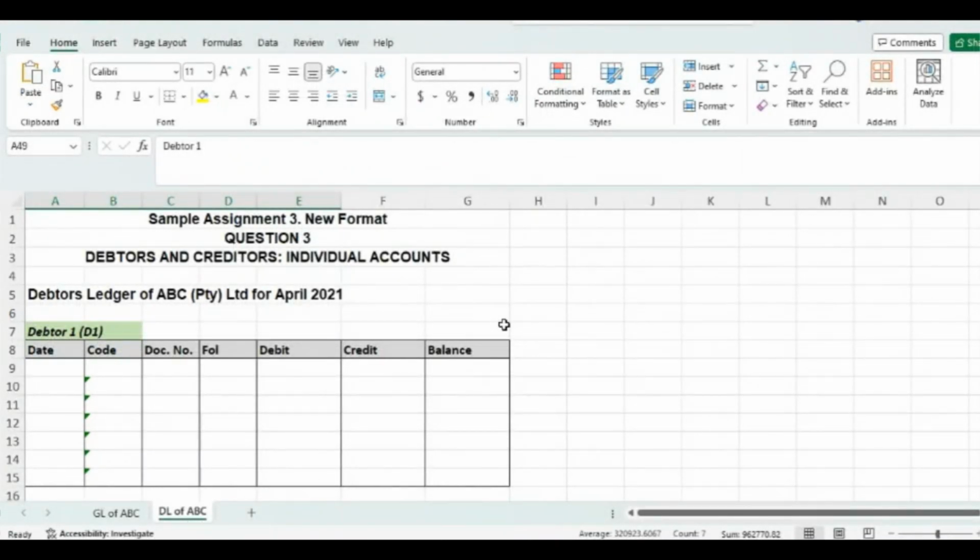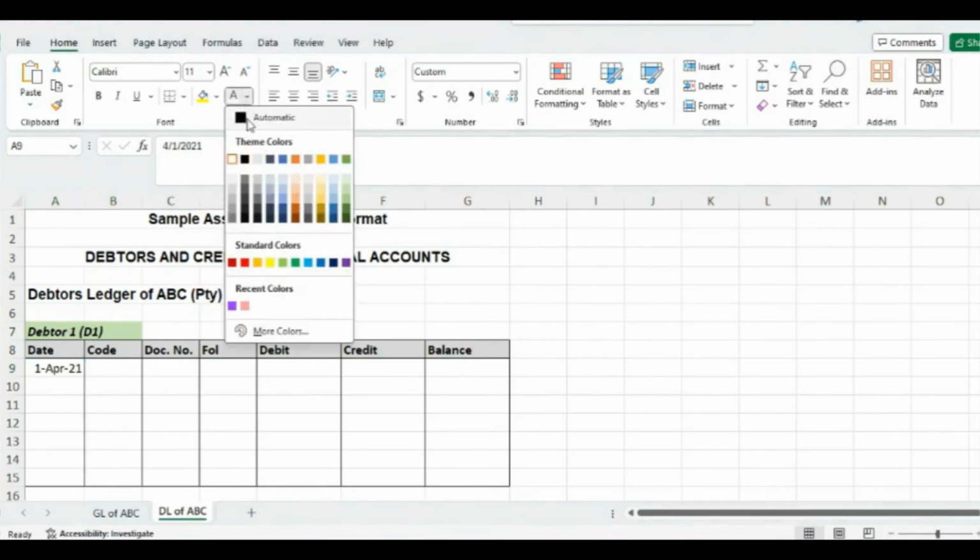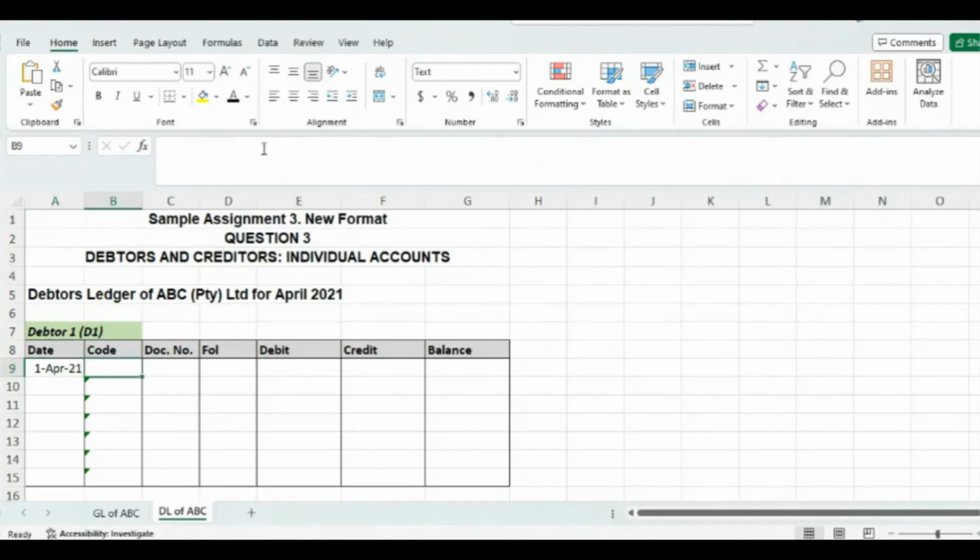So, the way you do the debtors ledger is you identify one debtor at a time, and that's why you marked it. So for debtor 1, which was marked in green, we know that on the 1st of April, obviously, there's no code for it. This guy had a balance. Okay, there's no document number there either.